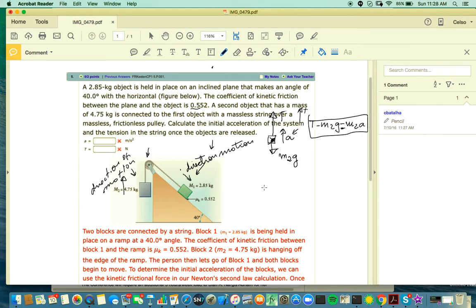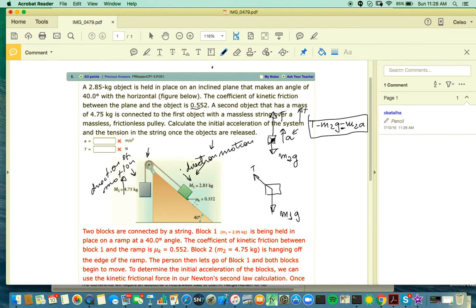The next one is the green block. What are the forces on it? Well, m1g going down, and parallel to the slope, the tension force is there.